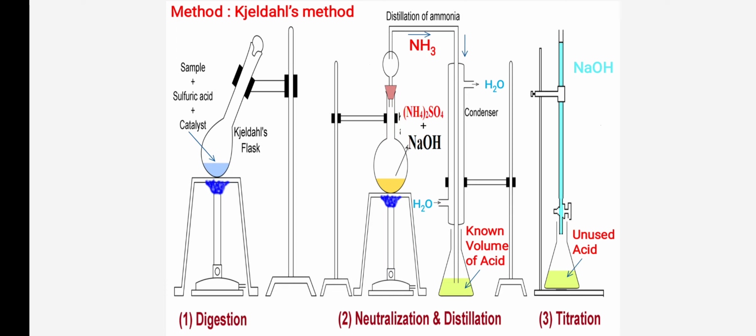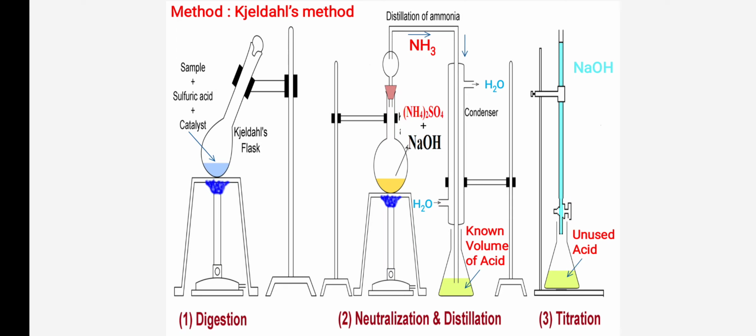So in that, we are taking a mixture of sample, that is coal, sulfuric acid and catalyst. Heat that mixture, because once you mix these three components together, you will get a turbid solution. Then start heating that turbid solution.